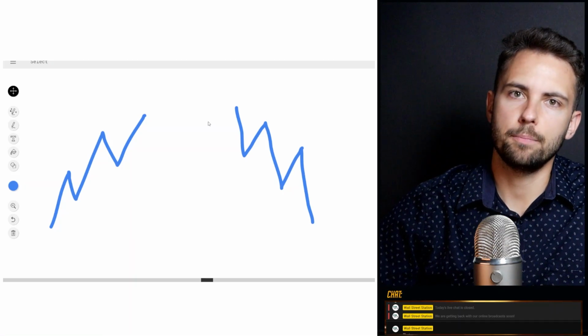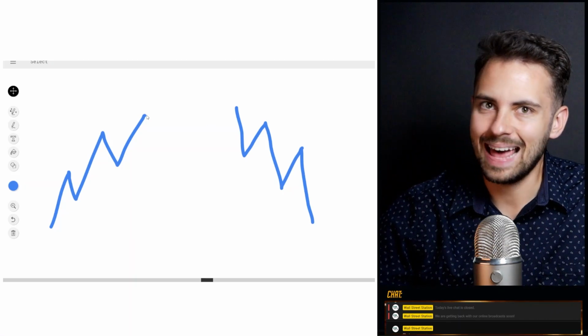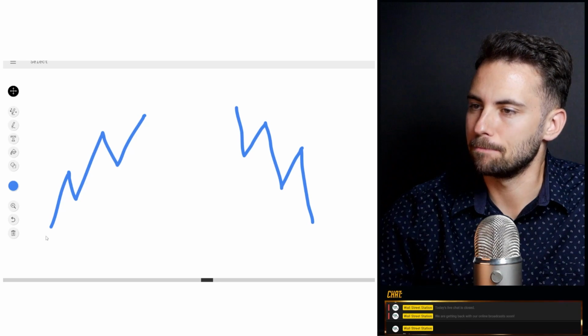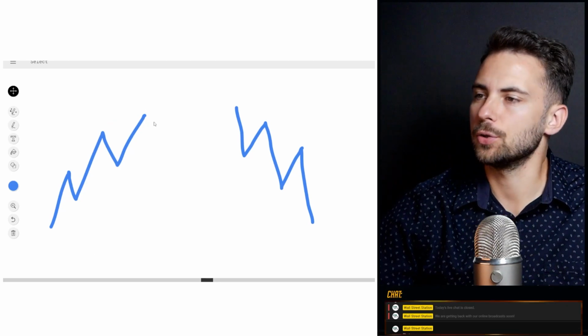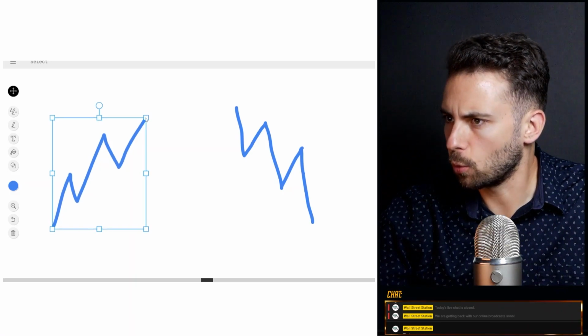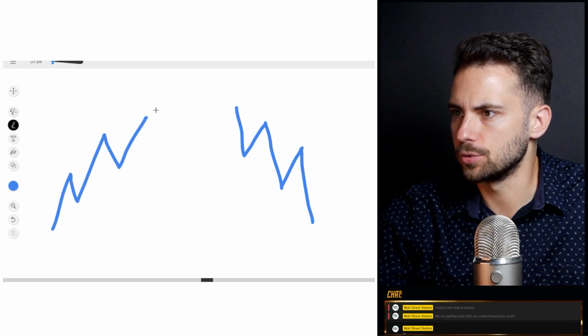For the sake of an example, let's focus at first on the left scenario, where we have an uptrend. Maybe I would draw it.